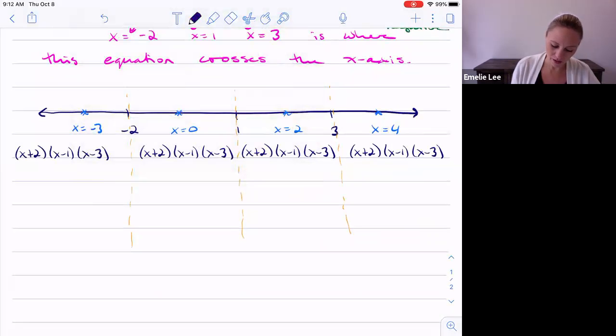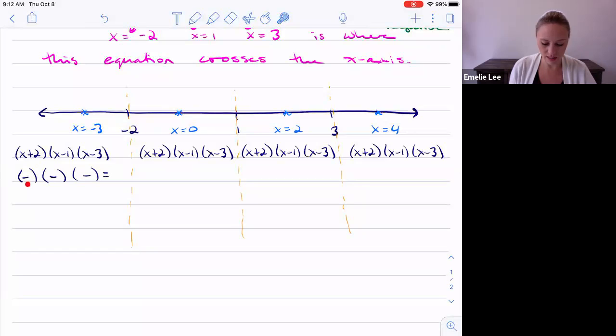Okay, so like we started here, if I let x be -3, this is going to be a negative value. A negative value times, if x is -3, -3 minus 1 gives me another negative value. -3 minus 3 again gives me a negative value, which, a negative times a negative times a negative gives me a negative.